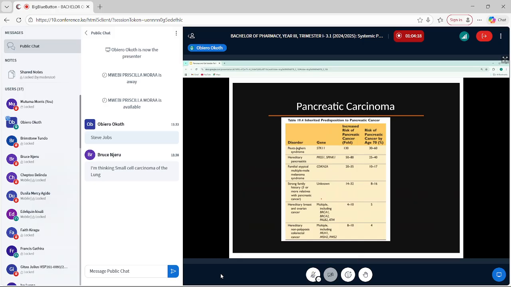Okay? And some of them can be inherited with other disorders, like Peutz-Jeghers syndrome, Li-Fraumeni syndrome, the BRCA1 syndrome, and even the microsatellite instability syndromes like hereditary non-polyposis colorectal cancer. So you might have colorectal cancer.